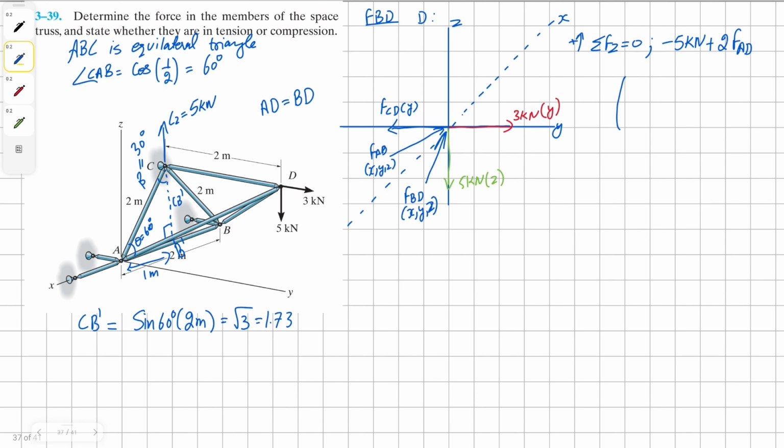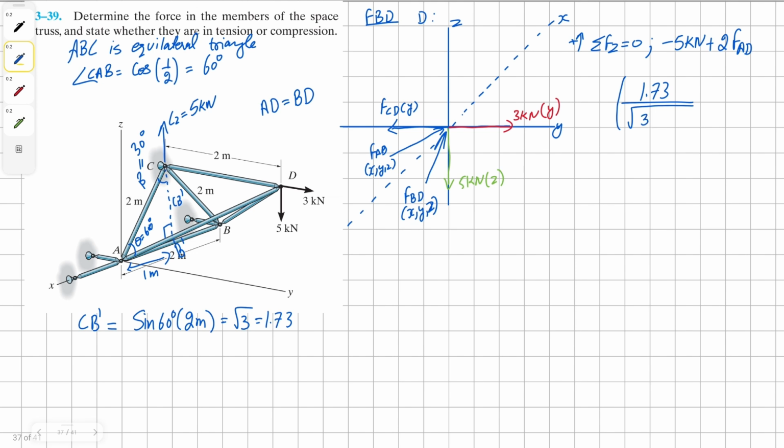So it's going to be the z component of the AD and BD, which is 1.73 divided by square root of 3, and squaring it gives us 3.